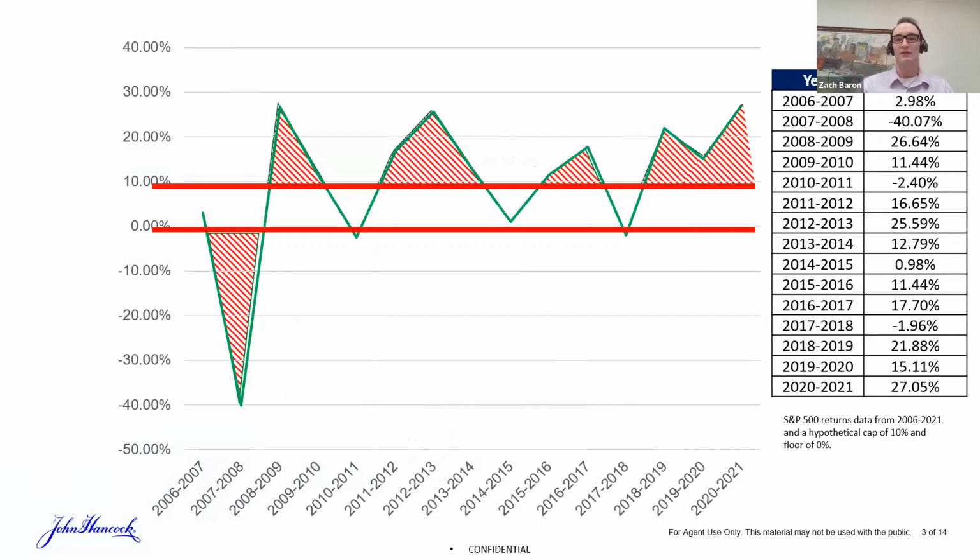So you're not getting those big return years that you're getting with the S&P, where it's up 25, 30%, but you're also missing out on 2008 where you're down 40%. So again, it's really just meant to give some upside potential and that downside protection as well. So you're not left with 2008, a huge negative return, and then you have to explain that to a client.